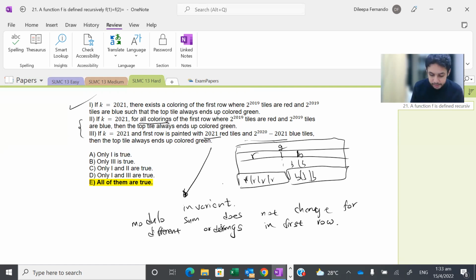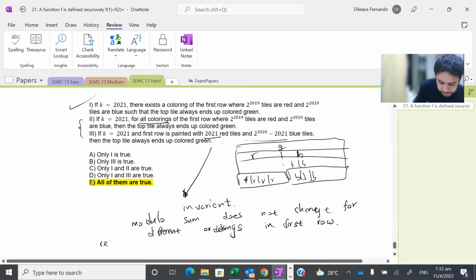So let's use red equals 0, blue equals 1, and green equals 2.